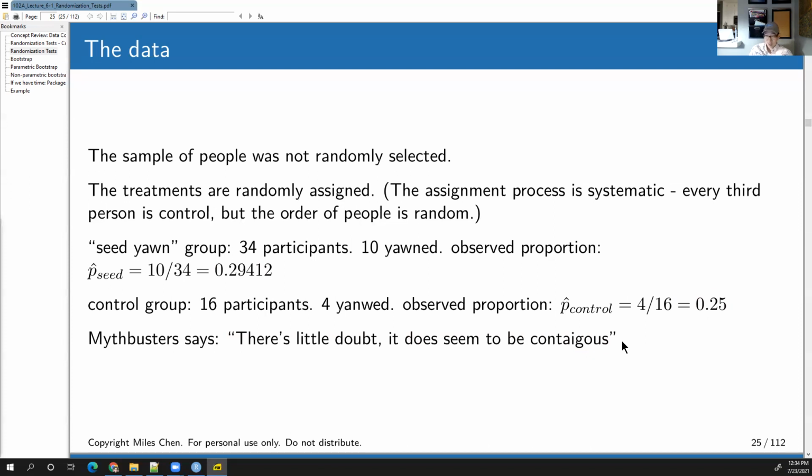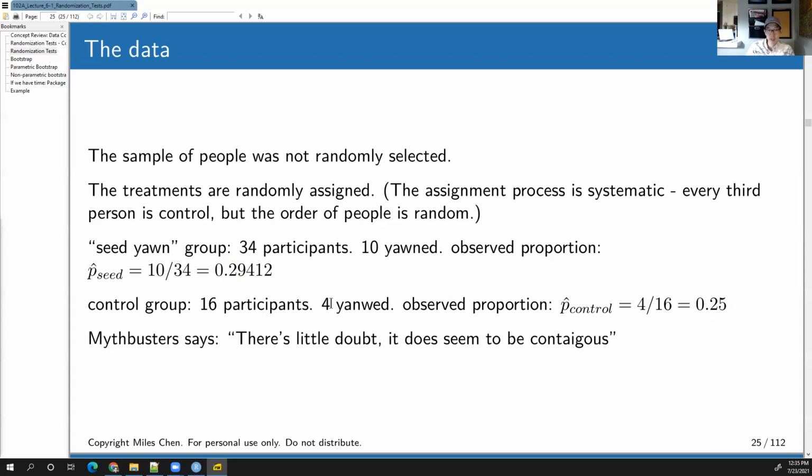But I think we as statisticians know a little better, and we can ask: is the difference between 29% and 25% statistically significant? Now, we can't do a regular old Z proportion test because our samples are too small.